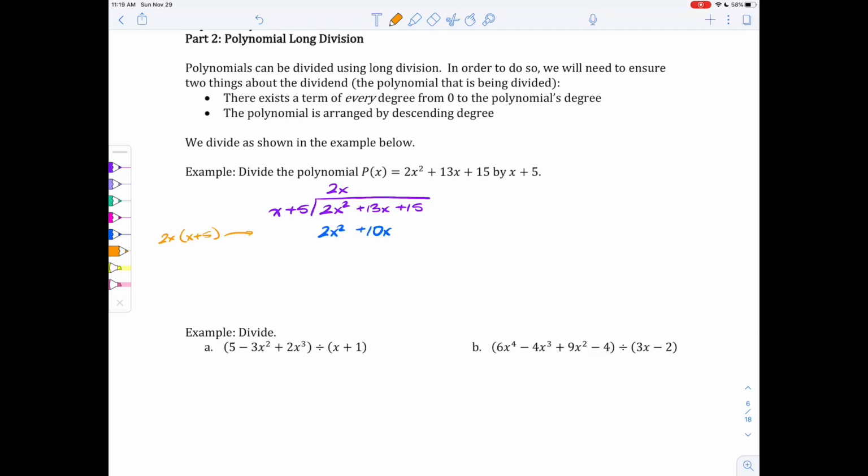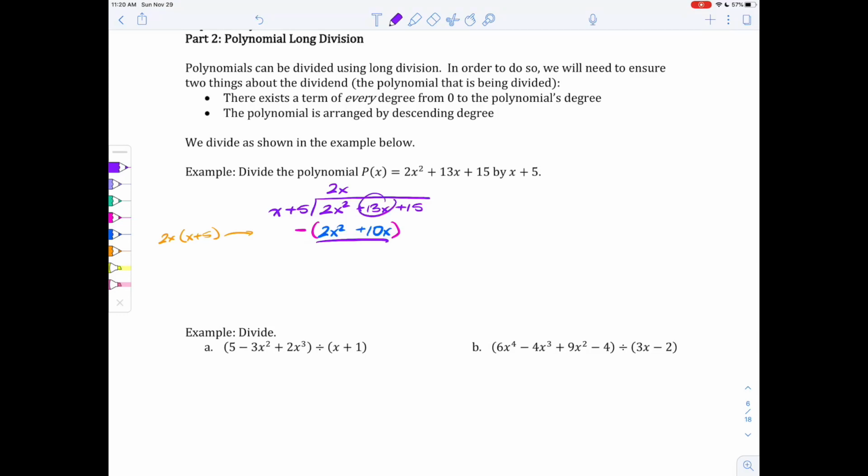What we're going to do next is actually subtract. So I'm going to subtract all of this from the line above it. And that'll get us, well, 2x squared minus 2x squared is 0, which we don't really need to write.